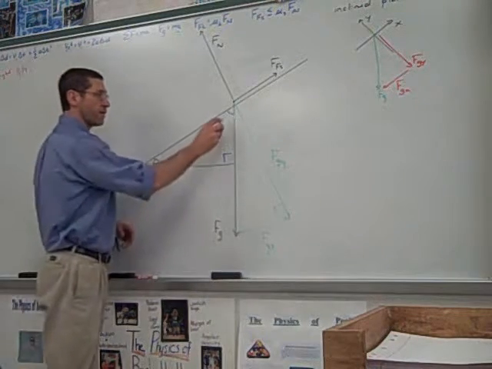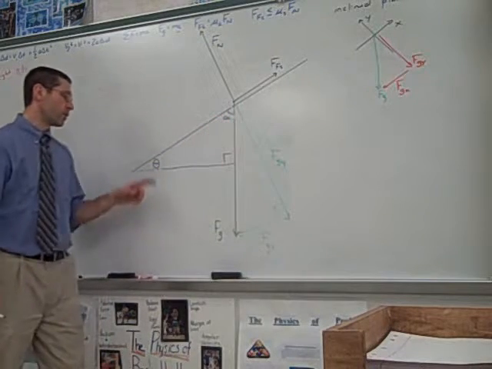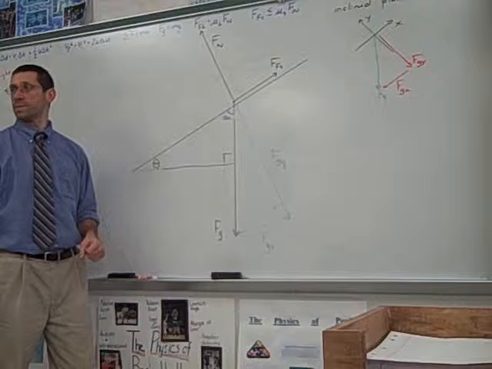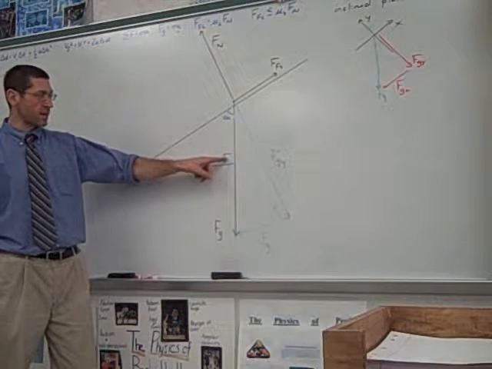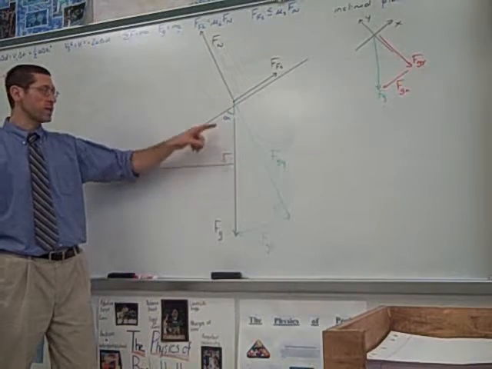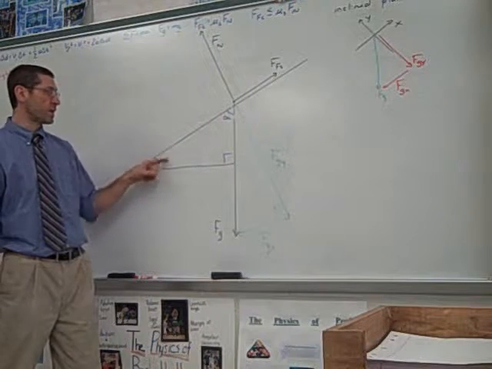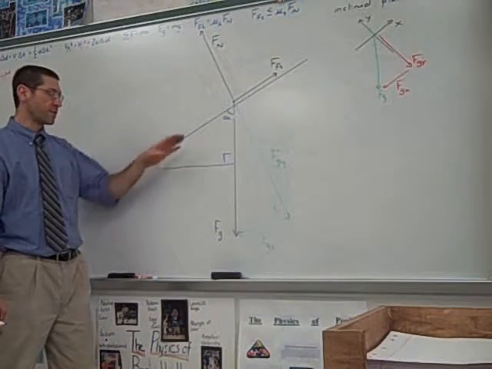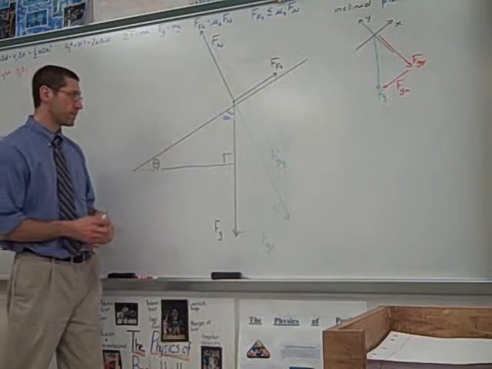We're going to call that alpha for now. So what does theta plus alpha equal? 90, right? So if this is 90, and a triangle is 180, that means these two must be equal to 90. So alpha plus theta is equal to 90.